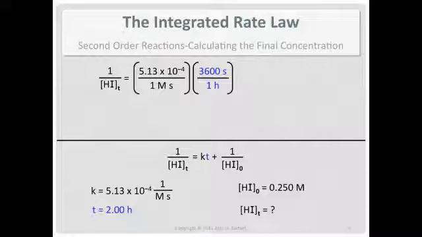So we do need to do a seconds to hour conversion. And now we'll multiply by the time. Do a quick unit check. All right. I know we have molarity in the denominator. We'll talk about that in just a bit. And we need to add the reciprocal of the initial concentration.